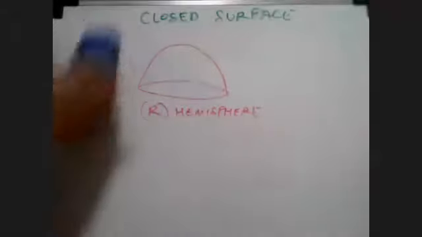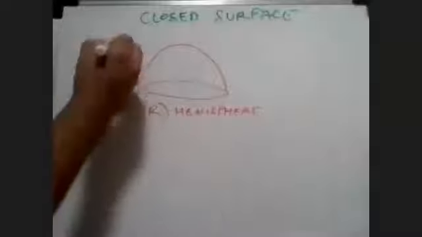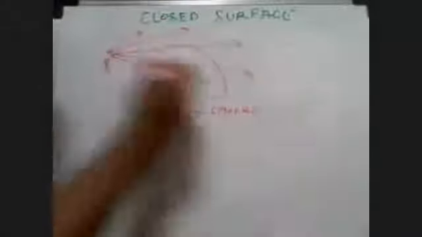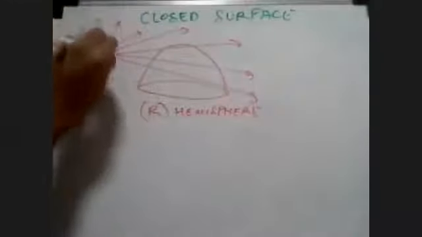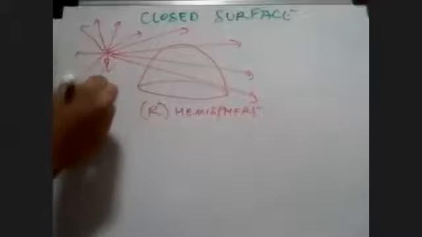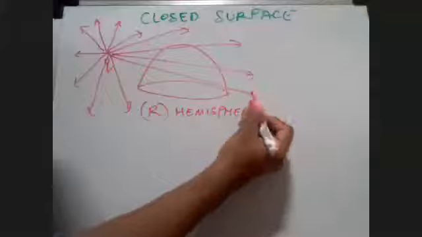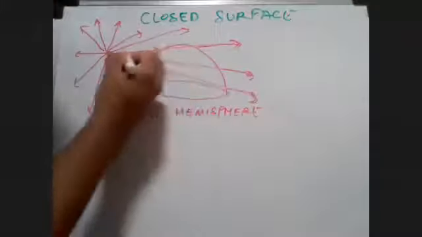Suppose I place a charge Q outside, at this point. It is emitting electric field lines, like this. The amount which is coming out from this surface and the amount entering this surface is the same, no?